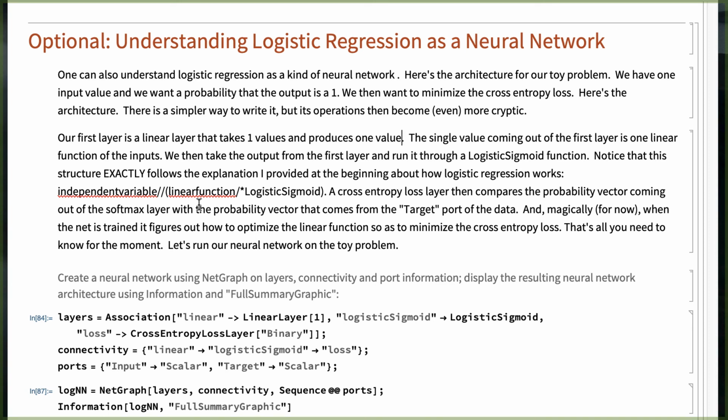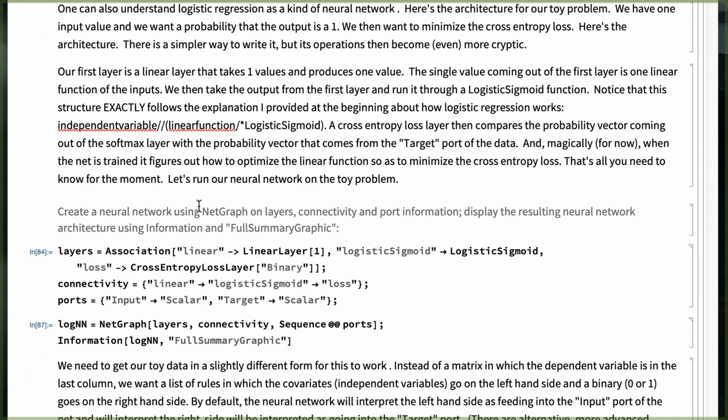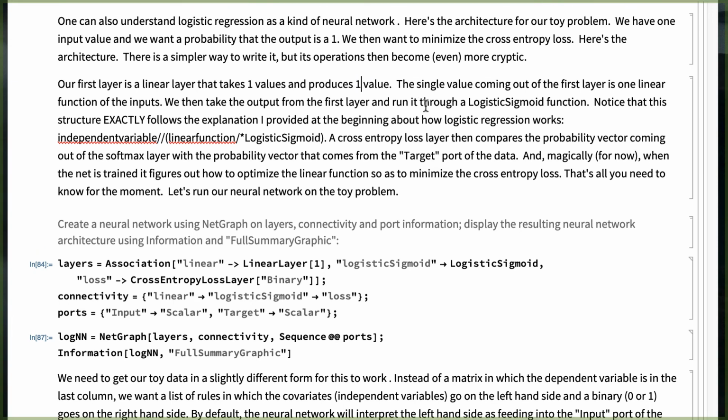So we're going to construct this. Neural networks, as I think I've mentioned in other videos, have layers. And our first layer is a linear layer that's going to take one value and produce one value. The single value coming out of the first layer is one linear function of the inputs, in which case it's just one input, just a number.